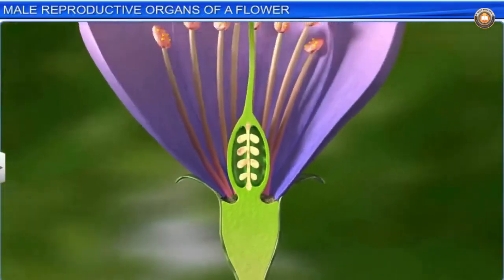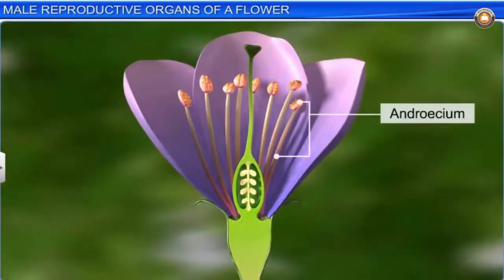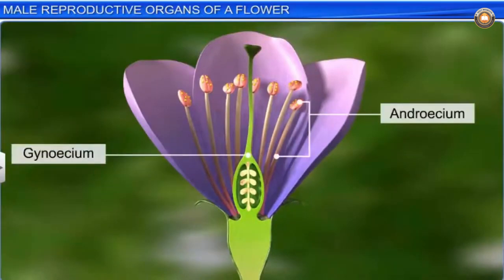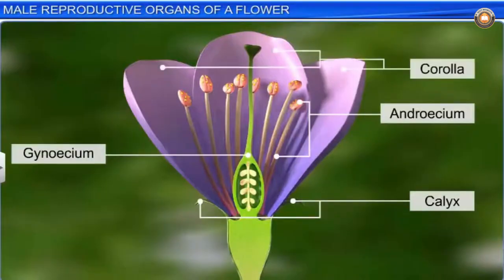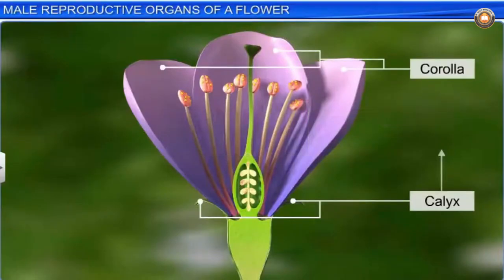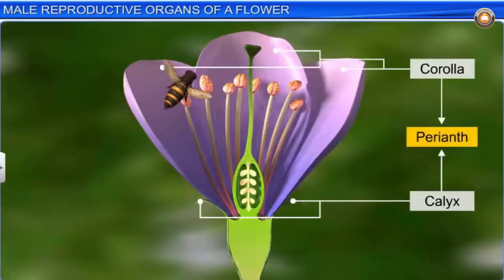The whorls include the androecium, gynoecium, calyx that consists of sepals, and lastly, the corolla, comprising the petals. The calyx and corolla, referred to as the perianth, are bright and colorful to attract insect pollinators.